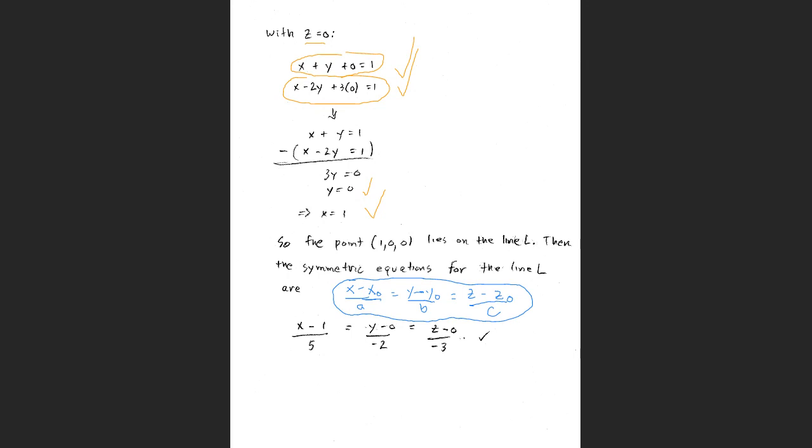So the line of intersection passes through the point 1, 0, 0. That's our x sub 0, y sub 0, z sub 0. And the line goes in the direction of the vector 5, -2, -3. So that's our A, B, and C. And so here are our symmetric equations.